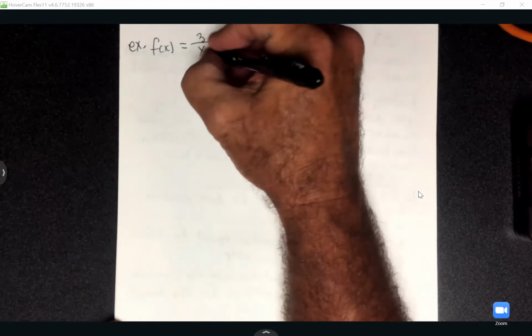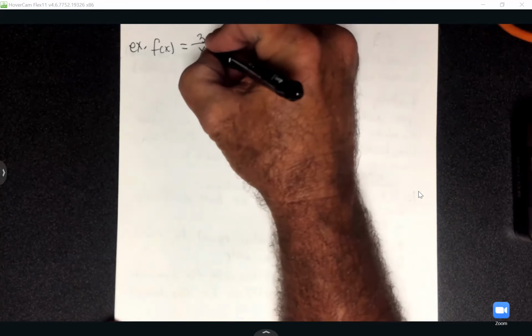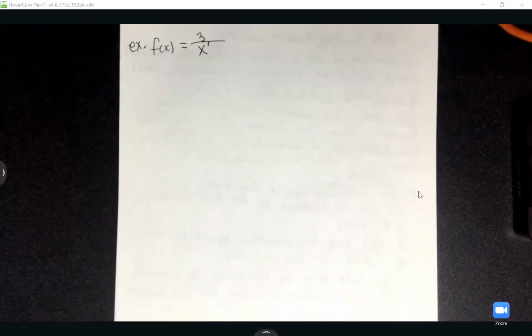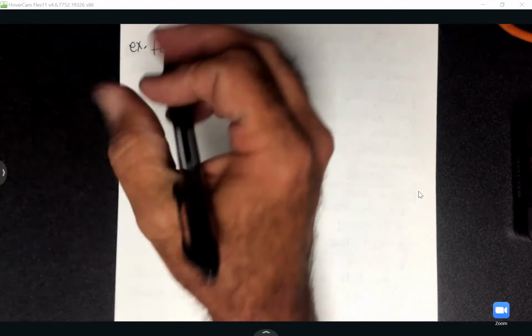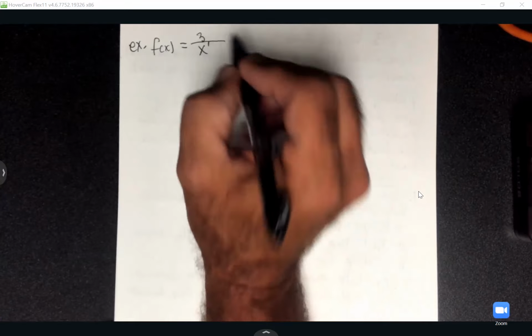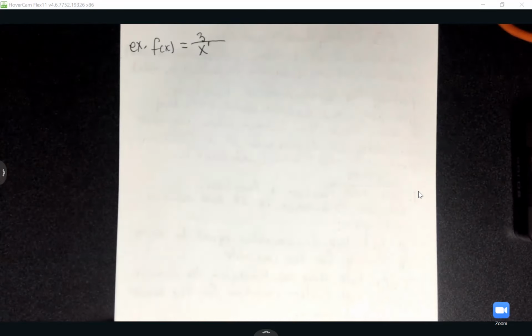Now I'm going to tell you a trick. Since the x don't have an exponent, you would treat it like a 1. So the highest exponent in the denominator usually tells me how many numbers I got to exclude from my domain. So since this is an x with the 1, that means there's only one number that'll make this undefined.